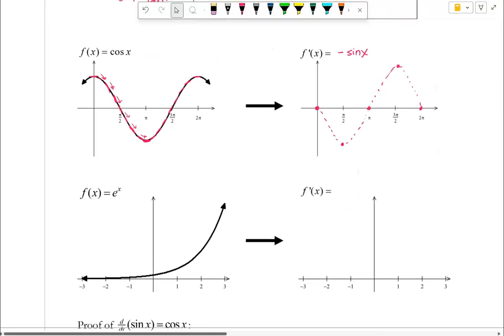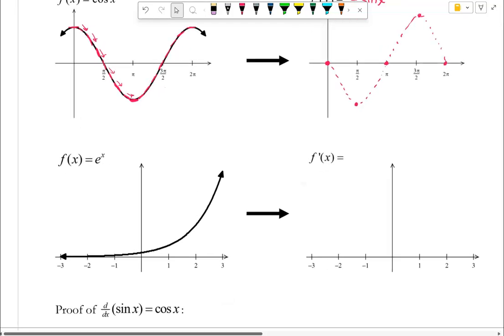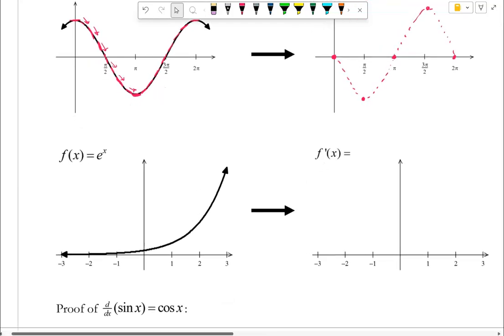We could also do the same thing thinking about e to the x. For example, out here to the left, e to the x is never totally horizontal. This slope is really close to 0, but it's not actually 0. And as I draw in these different little pieces of slopes of our tangent line where we're locally linear, I could see that my slope gets steeper and steeper and steeper.